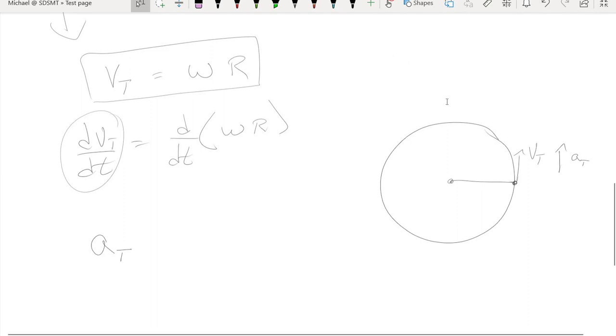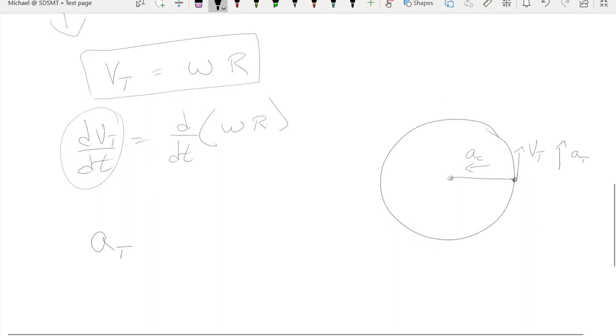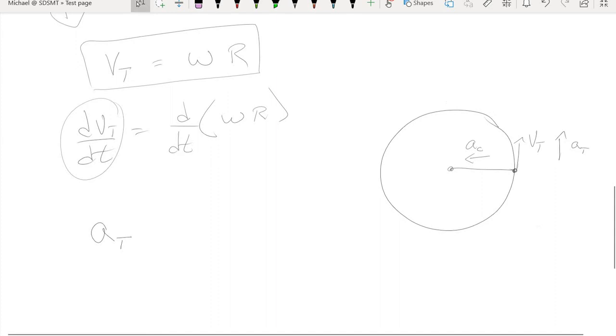This is also something new that we've never encountered before. The only acceleration that we've had with respect to circular motion was centripetal acceleration. And by definition, that points towards the center of the circle. The tangent velocity produces a tangent acceleration. So these are not the same thing.